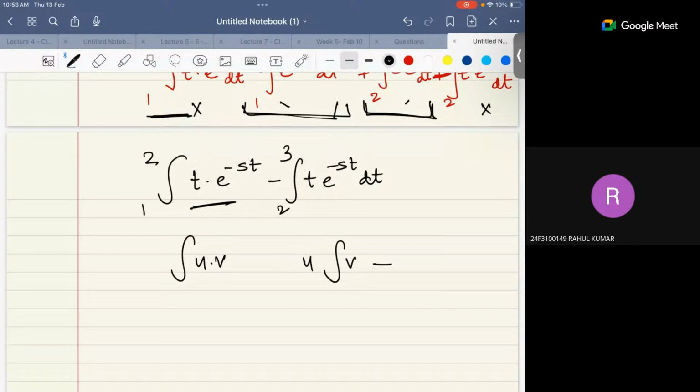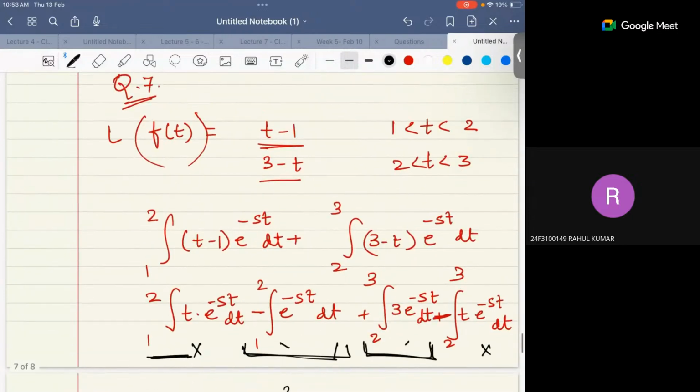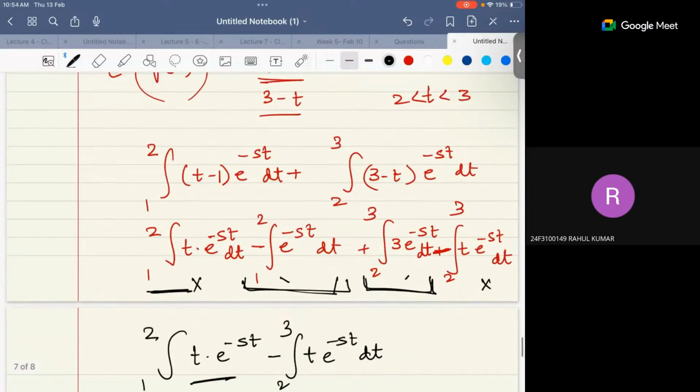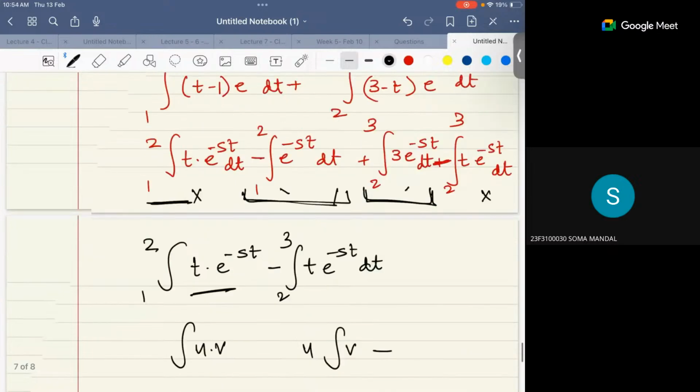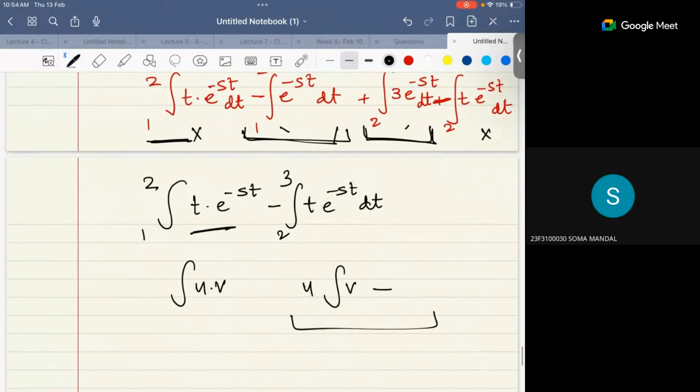Sir, can you integrate t directly? Yeah. How? u into t minus one, then integration following the uv rule. Yeah, that only we can do. So apart from that, we can't do anything.